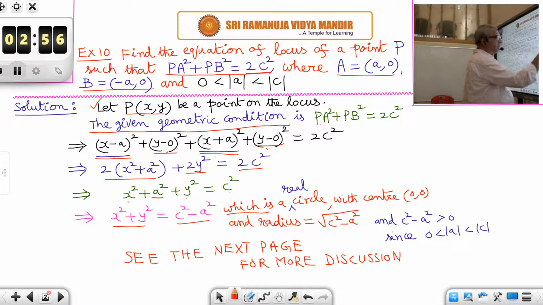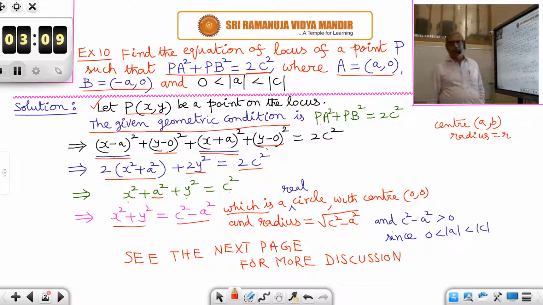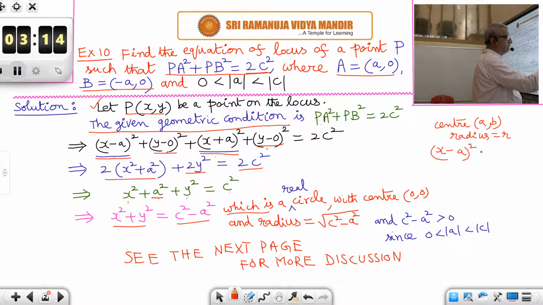See, what is the equation of the circle with the center (a, b) and radius r? Just one minute, I am asking a question. What is the equation of the circle with the center (a, b) and radius r? It is (x minus a) whole square plus (y minus b) whole square is equal to r square.